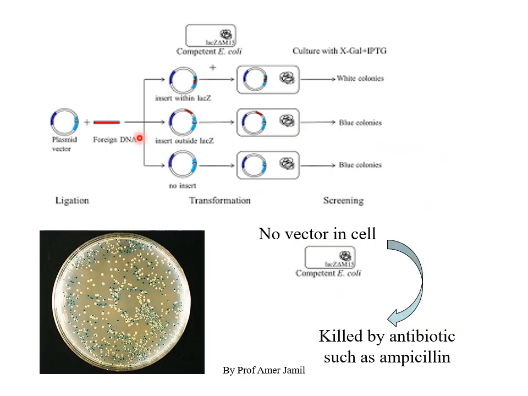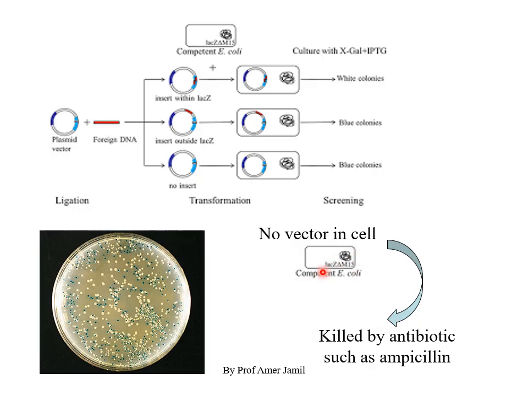For blue-white screening, this is foreign DNA. It is ligated inside the plasmid vector and then transformed into the E. coli cell. There are 4 possibilities here. Number 1 is when there is no vector inside the cell. In fact, transformation efficiency is not very high, so millions of bacterial cells remain empty, without the vector.